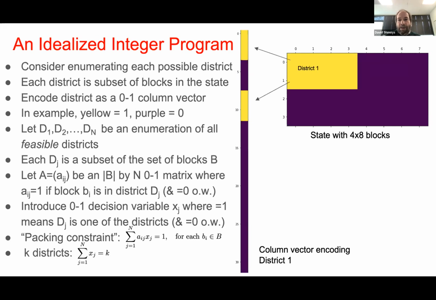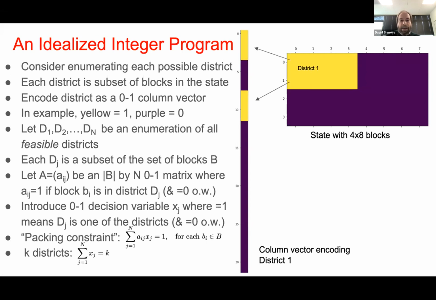We can think about, as a Gedanken experiment, constructing a complete enumeration, D1 through Dn, of all feasible districts. Here I've listed one feasible district, highlighted in yellow, of the upper quadrant.